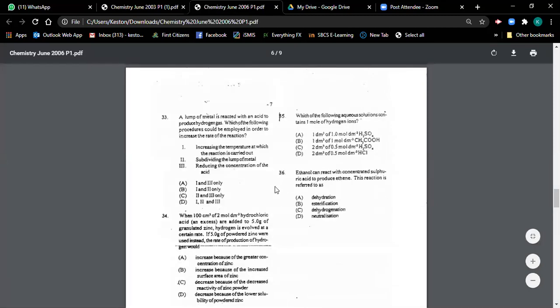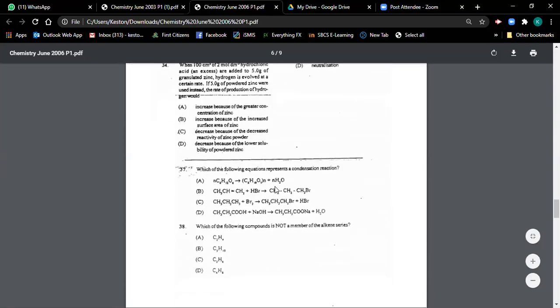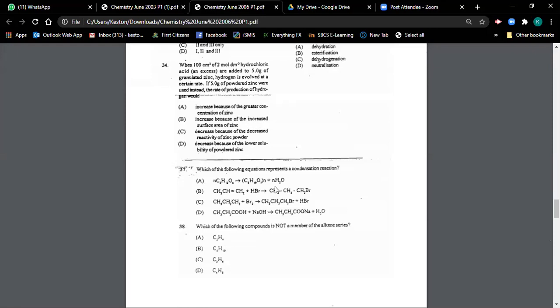Moving forward now, 36, 37. Sorry, 37 was at the bottom here. Which of the following equations represent a condensation reaction? Now, a condensation reaction usually involves loss of a small molecule, usually water.